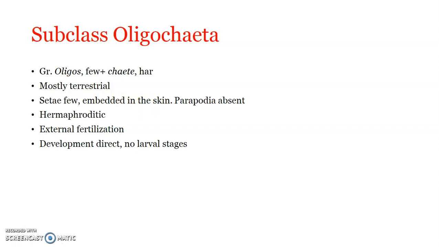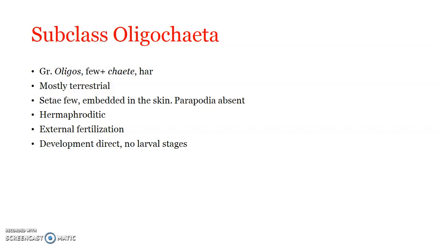That is, every segment has a definite number of setae embedded inside the skin. The clitellum is present because it comes under Clitellata, and the pharynx is not eversible, unlike the protrusible pharynx in the case of polychaete.